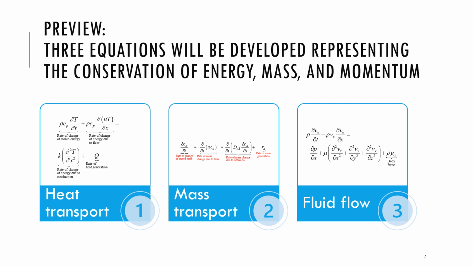It is nice to have a preview of the chapter that we are getting into on single phase. When we are done, we will have three equations, and those three equations are for heat transport, mass transport, and fluid flow. And as we derive those equations, we will have different terms that we clearly relate to the physics involved.